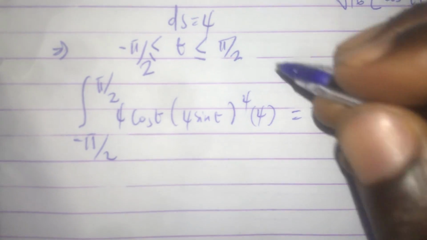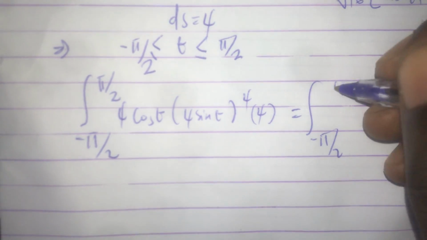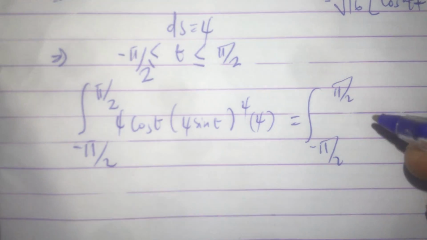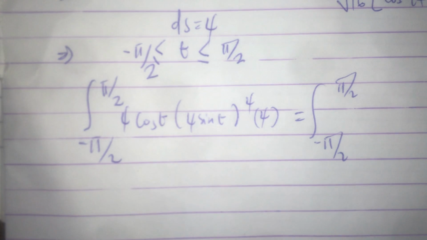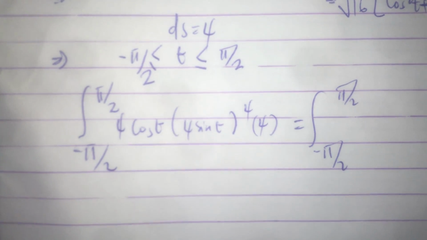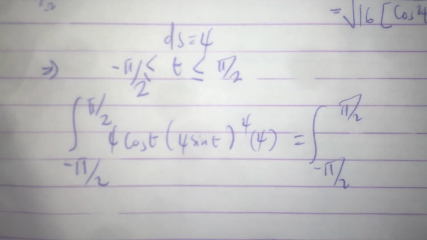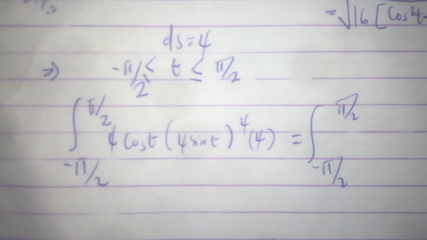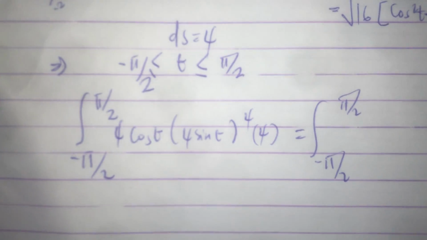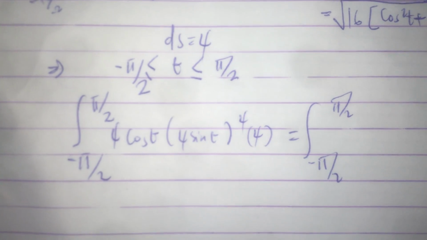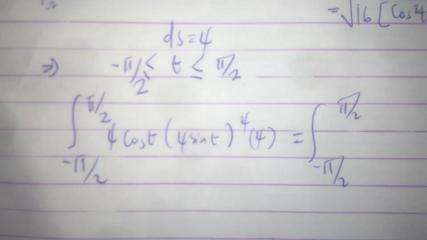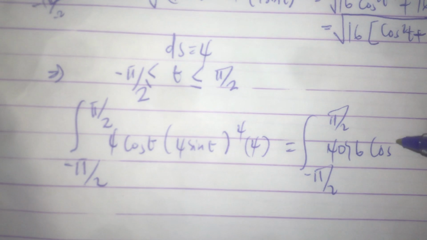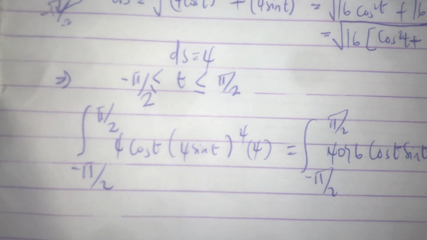So here we have minus pi on 2 to pi on 2. Then we have 4 to the power 4, which is 256. So 256 times 4, that's 1024, times the other 4, which is 4096. So you have 4096 cos t sin to the power 4 t.